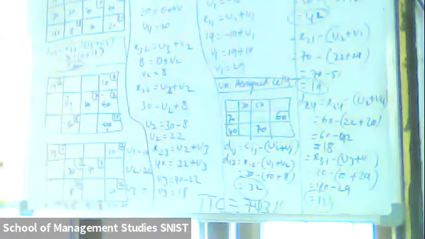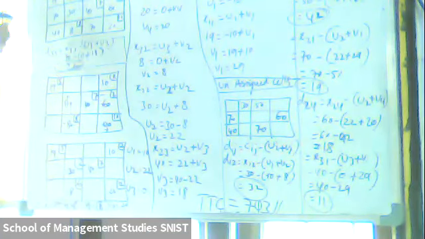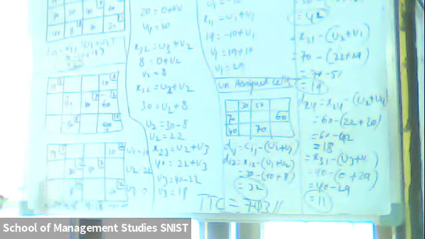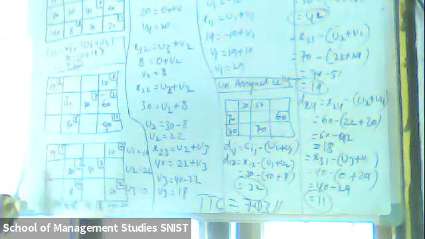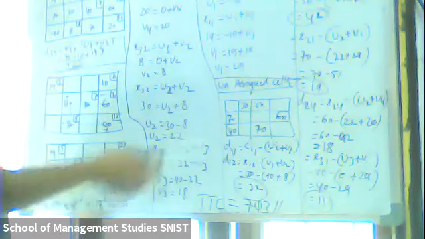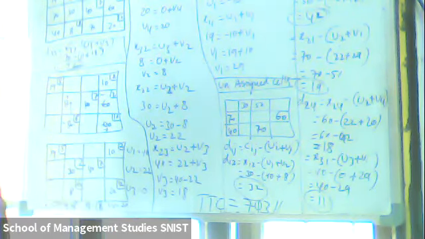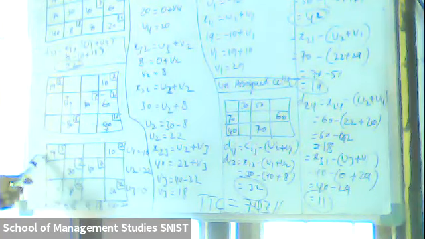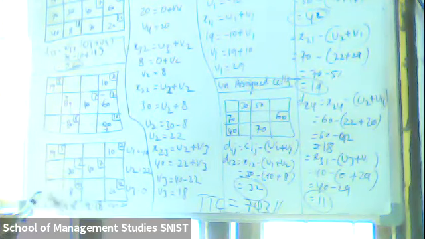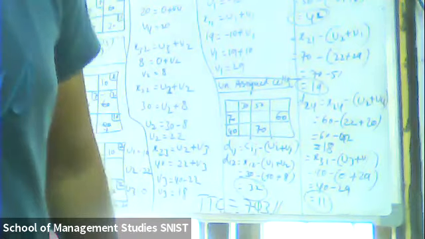Remember, you have to calculate based on the latest allocation, not the first one. I did not calculate it based on this. I calculated based on this. This is the latest one. So don't make that mistake. On the latest allocations which you got optimal, you have to calculate x12, x14, x21, x22, x23, x32, x34, which is 743.